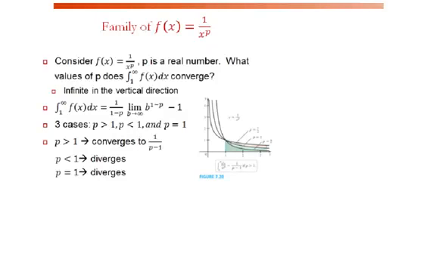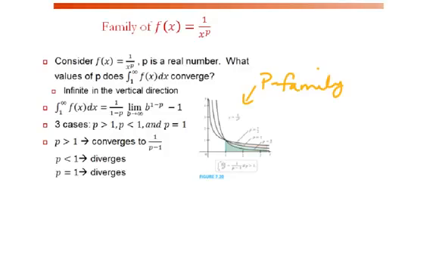Here's just a visual of all the p family functions, and you can see what happens with it. It's an interesting case, and it's important to the study of infinite series, which is what we're going to be covering in chapter 8 and 9.